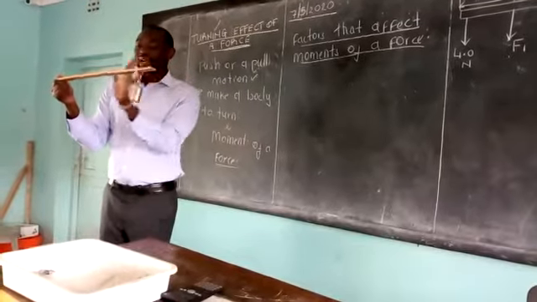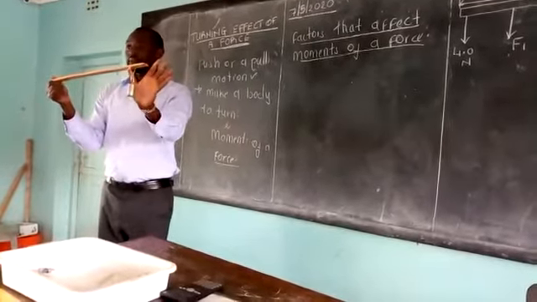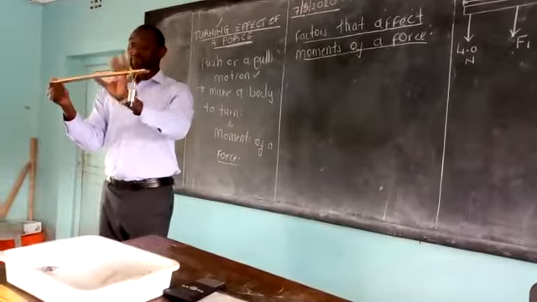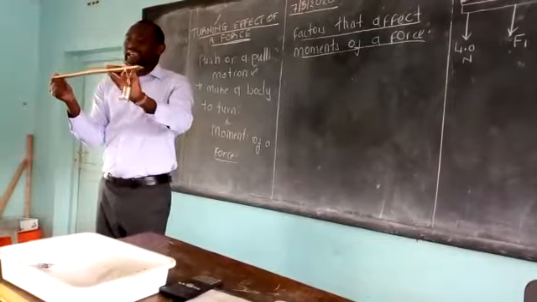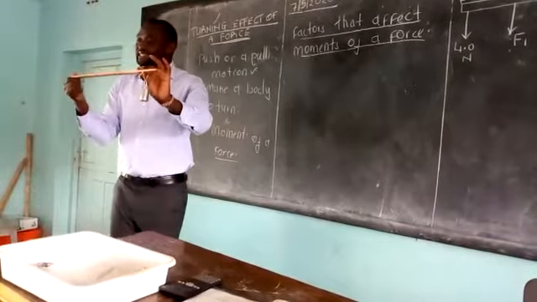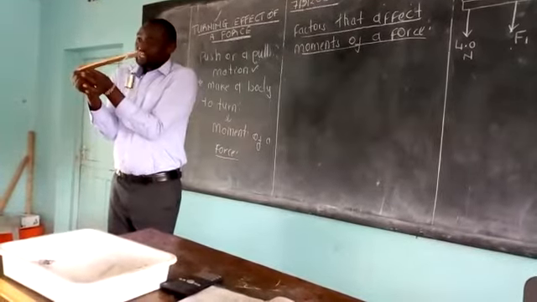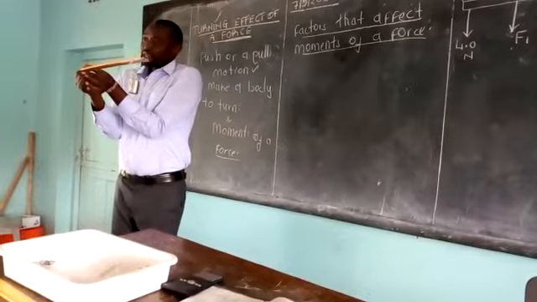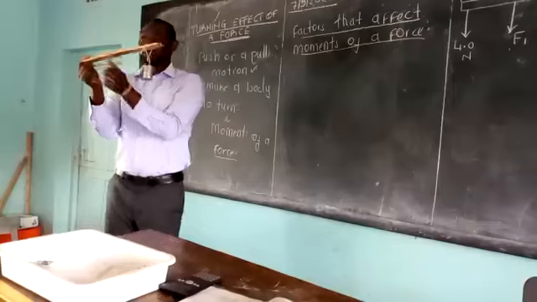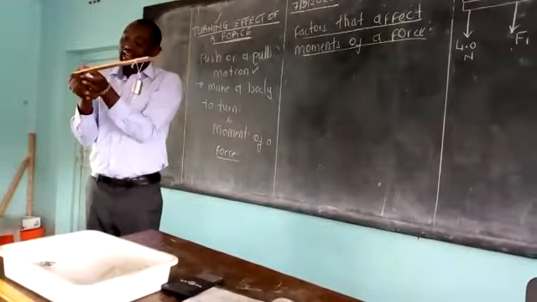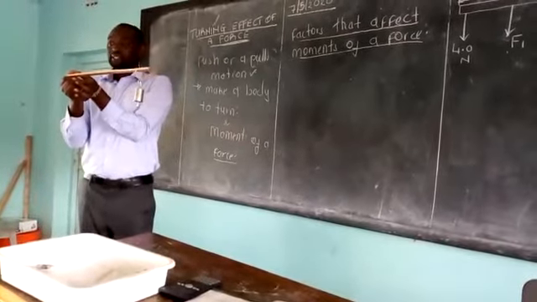This, we can look at as a system. This system, where we have the meter rule and the force, is not turning anywhere else. It is turning at a certain point. It is turning at this point where I have held the meter rule. And therefore, this turning occurs at a certain point.